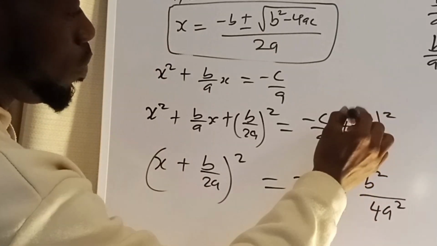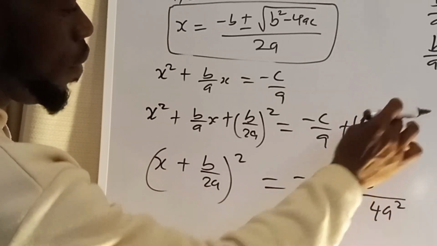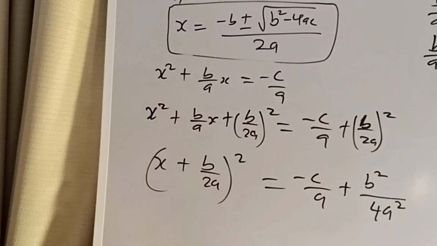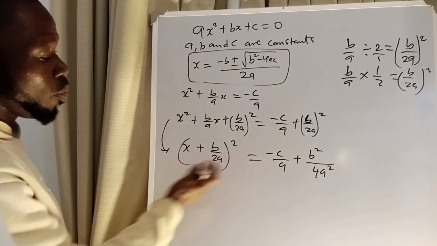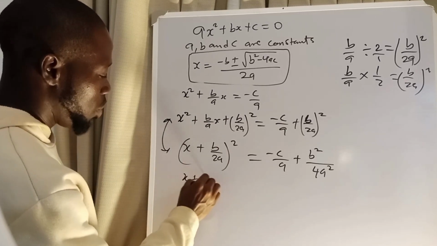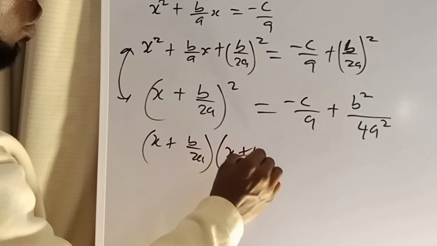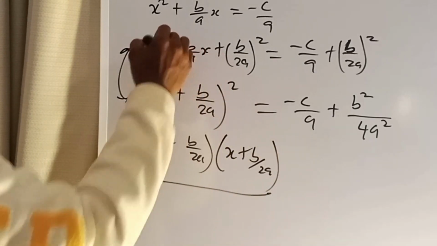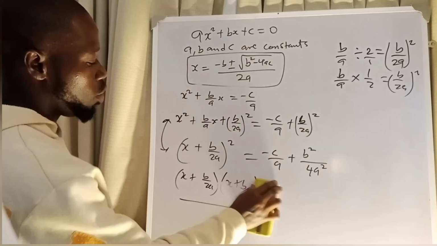B raised to power 2, right? That's b squared. 2 raised to power 2 is 4. A raised to power 2 is a squared, right? So this is our perfect square. And some of you will be thinking, how did we move from here to here? You can just open this bracket and see if you cannot get this. Just open it by saying x plus b over 2a, x plus b over 2a. All right, do that and see if that gives you this back. All right, so put that in the comment section and let me know.